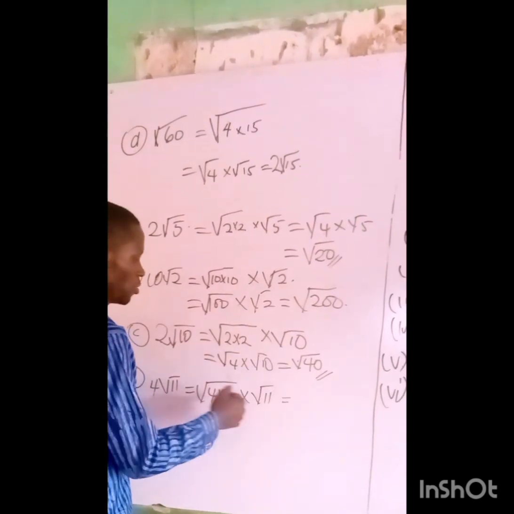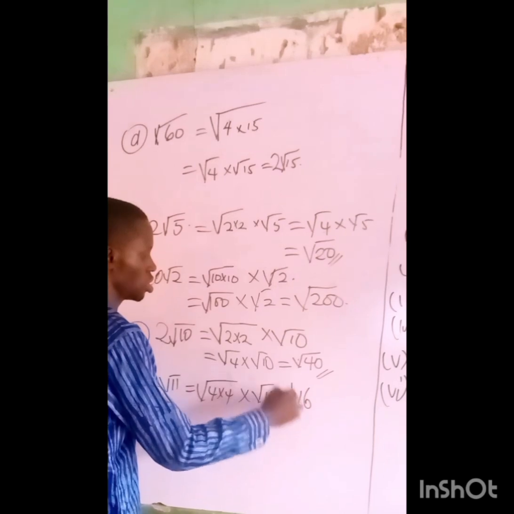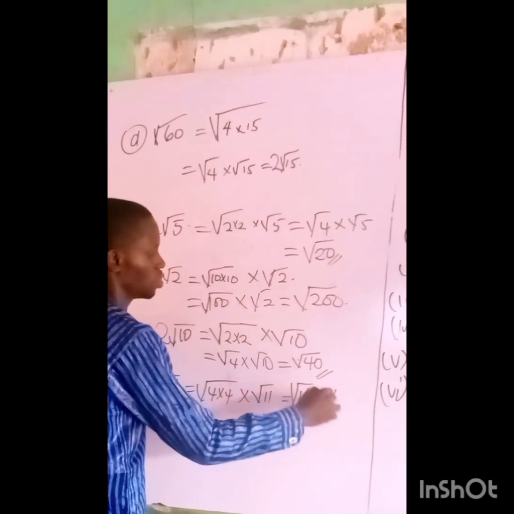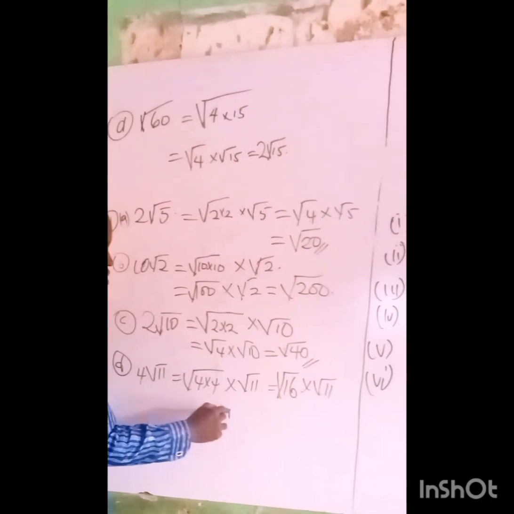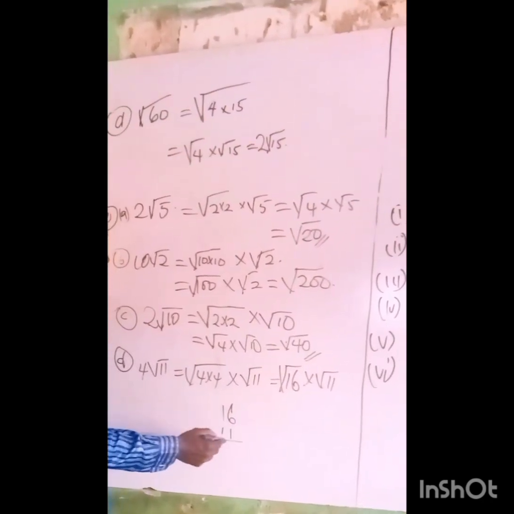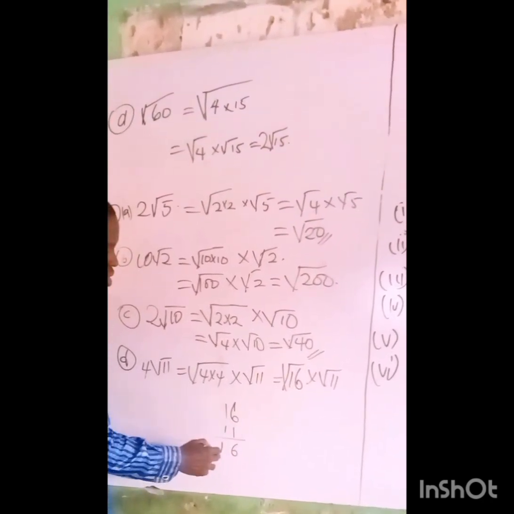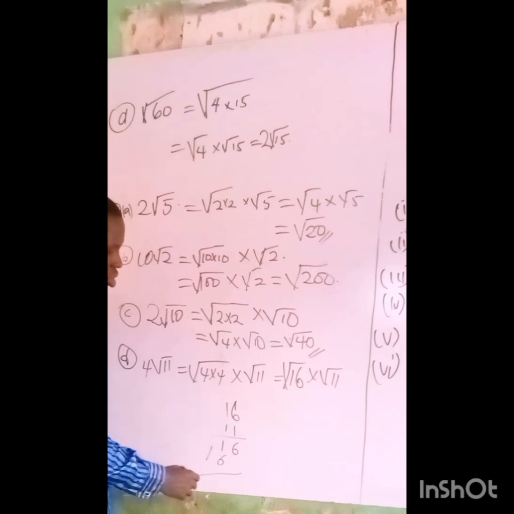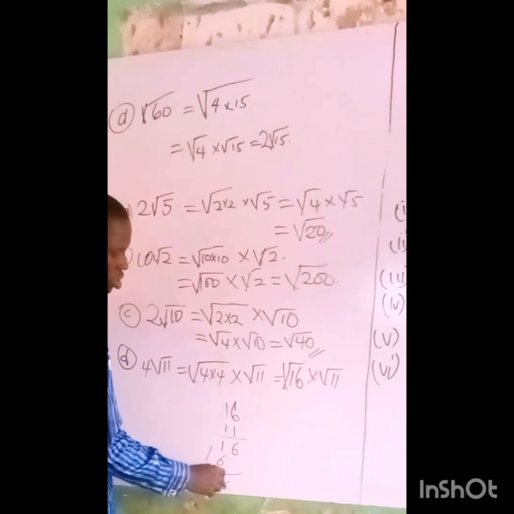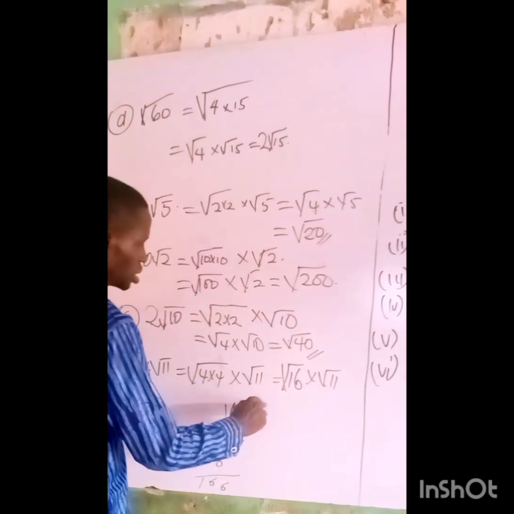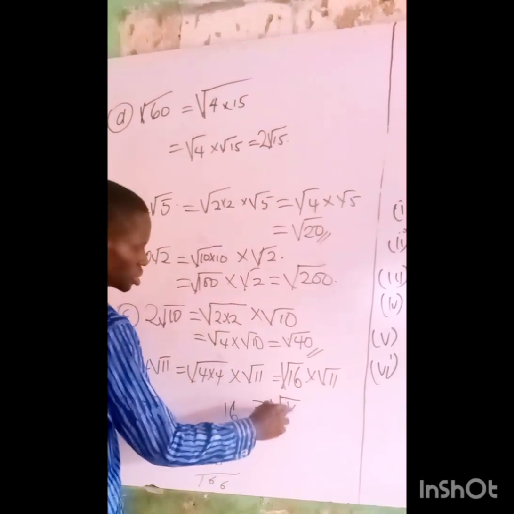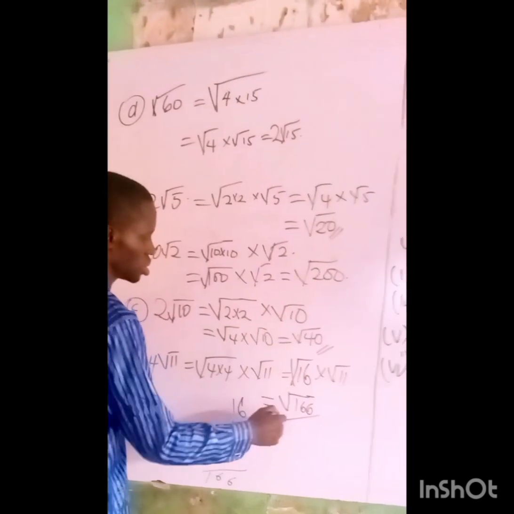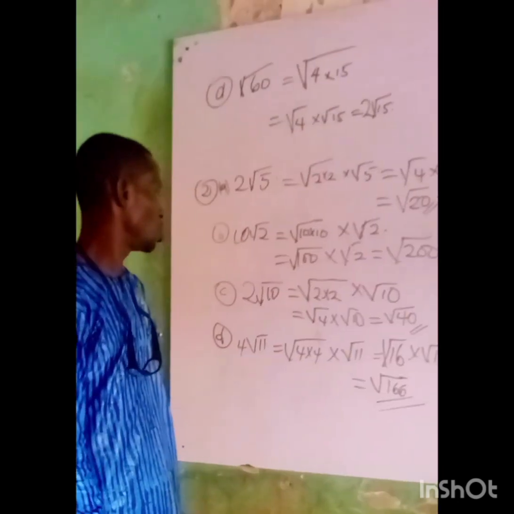So that will be 4 times 4, 16, root of 16 multiplied by root of 11. Of course, that will give us 16 times 11, which is 176. So our answer is going to be the square root of 176. Now, so far so good.